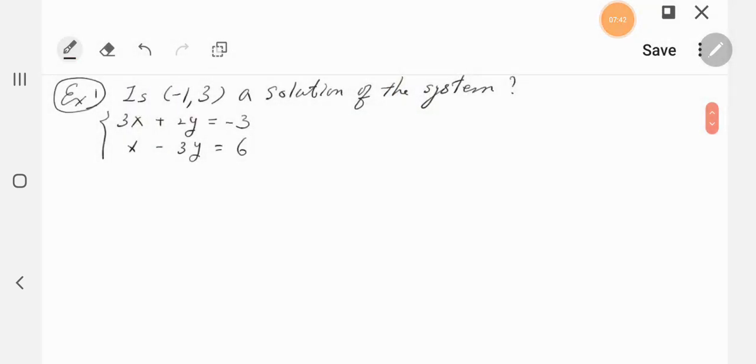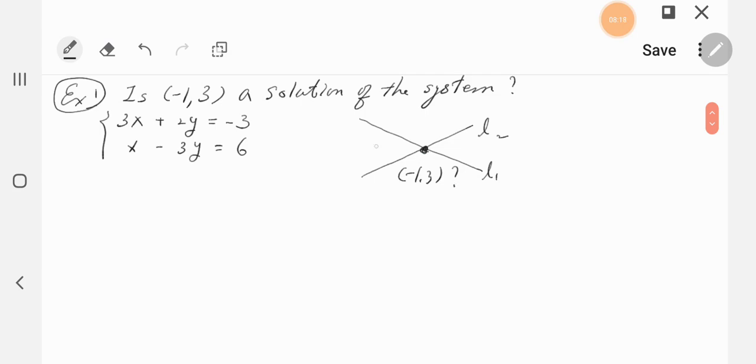Okay, example 1 is asking whether the given point, -1 and 3, is a solution of the following system. This means if this point is a solution, it's the intersection between 2 lines, line 1 and line 2. So is -1, 3 an intersection of these 2 lines?